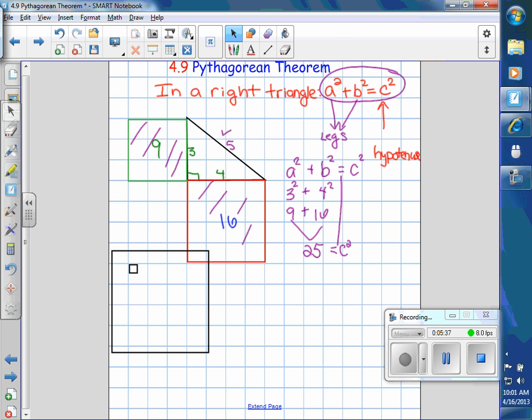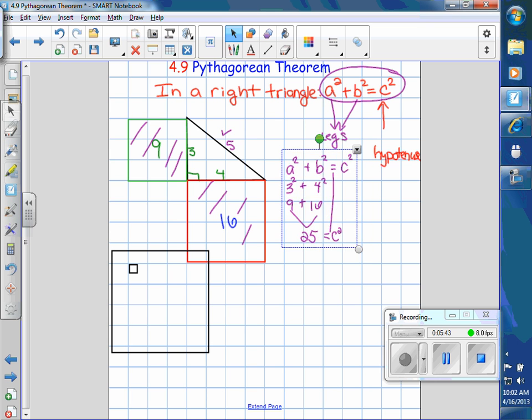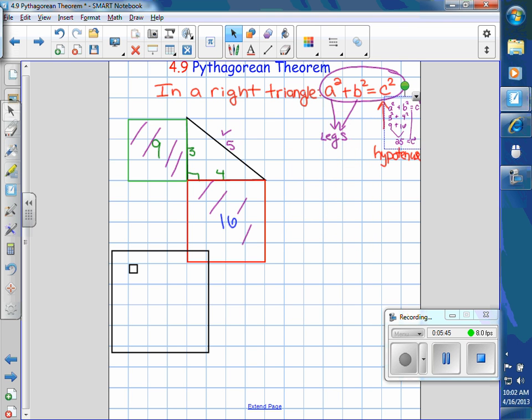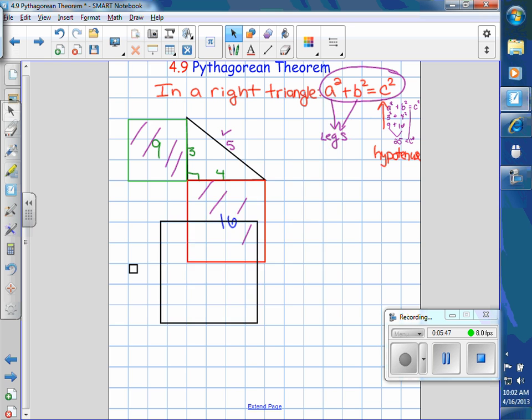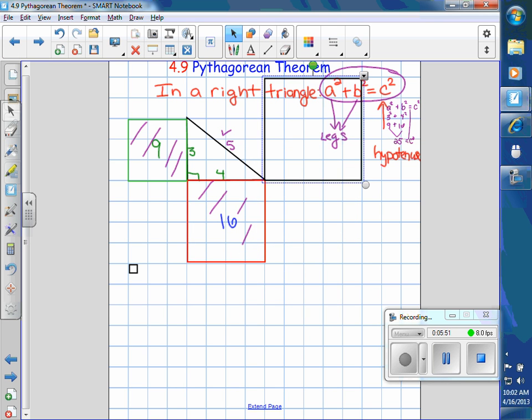I'm going to take this right here and move it. Just shrink it down for a minute. We could look at that in a minute. And take this, and I'm going to try to stick it in place and see if it fits. Can you see that that lines up?